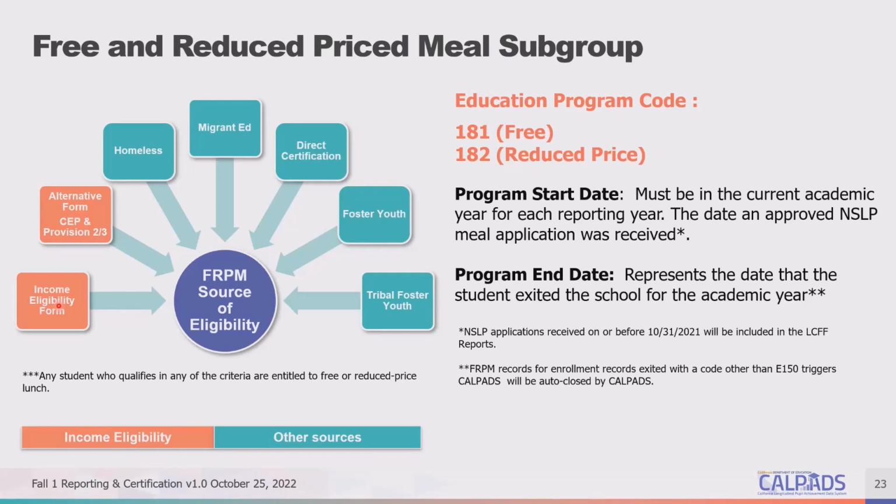Now, on the other hand, there is the CEP and Provision 2-3 schools. These are basically schools that meet a certain percentage threshold for low-income students. And so if they meet that threshold, they qualify for that flag as a CEP or Provision 2-3 school. And as such, during the base year, Provision 2 and 3 schools are required to ask the students to fill out the forms.